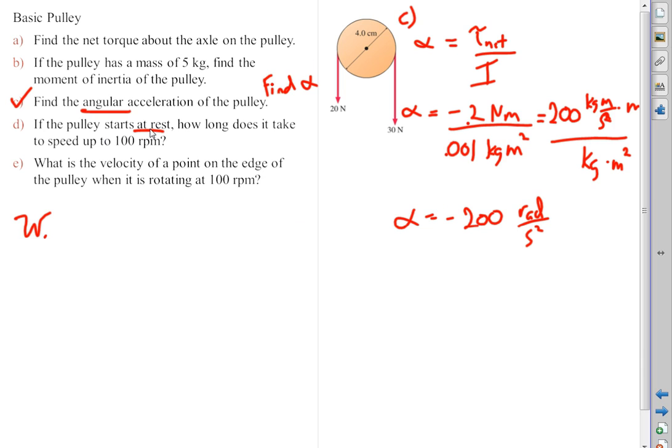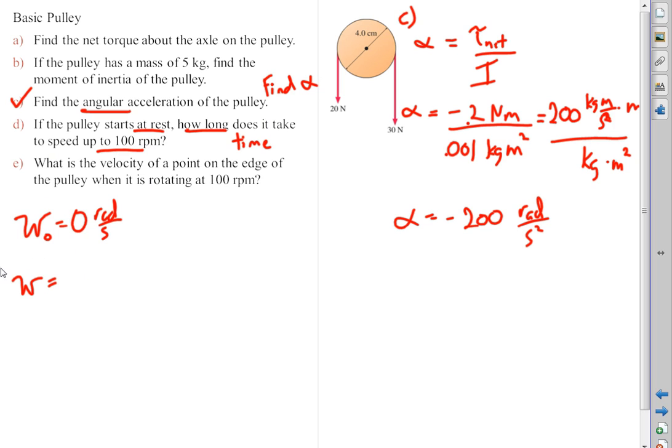Part D, if the pulley starts at rest, how long does it take to speed up to 100 RPM? Assuming that this acceleration was constant and this 30 Newton force was applied to it repeatedly, we're going to say omega naught is 0 radians per second. Obviously, we're also assuming there's no friction counteracting any of this.